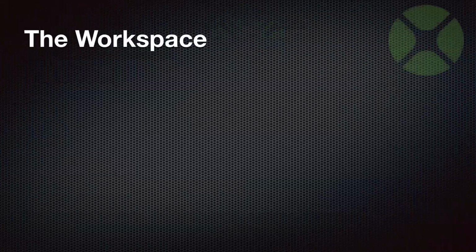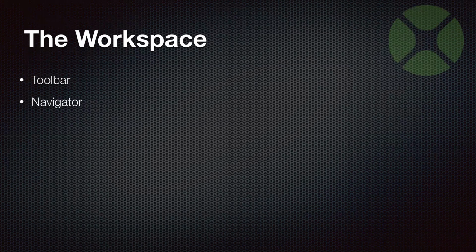So just to highlight a couple areas, and then we're just going to open up Xojo and go through some stuff and show you how it looks, how it works. So the Workspace is the main area where you work in Xojo, and that has three sections to it, essentially. There's a toolbar at the top, of course. On the left-hand side is a Navigator, which is how you see the components of your project, the classes, the windows, web pages, etc. In the center, the largest part of the Workspace is what's called the edit area.